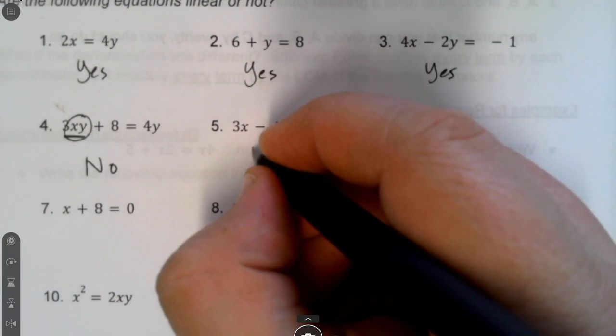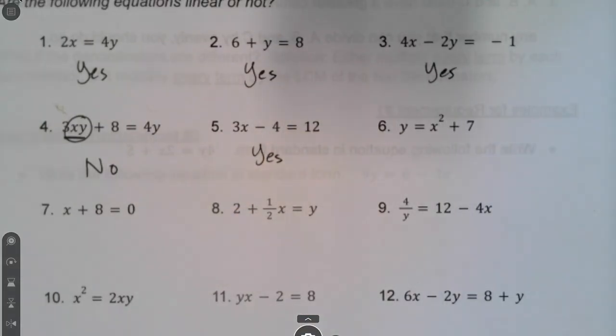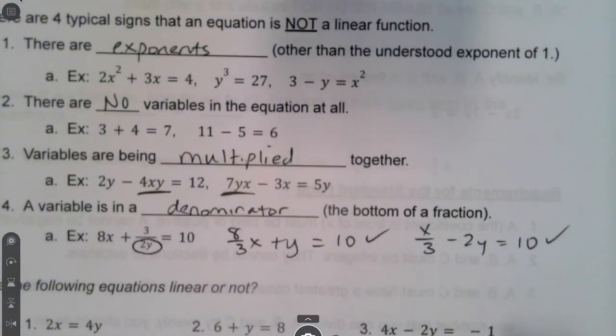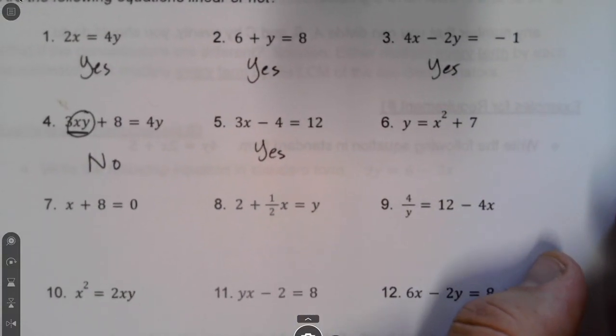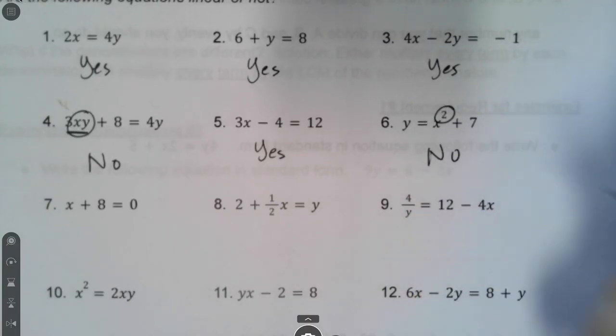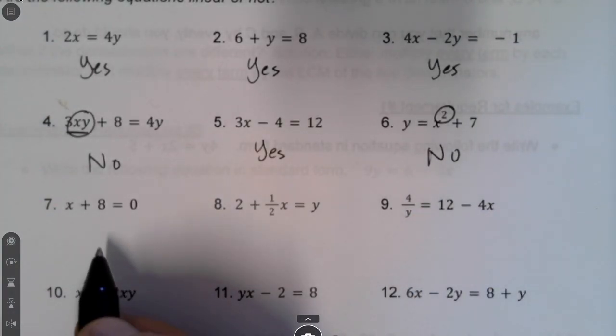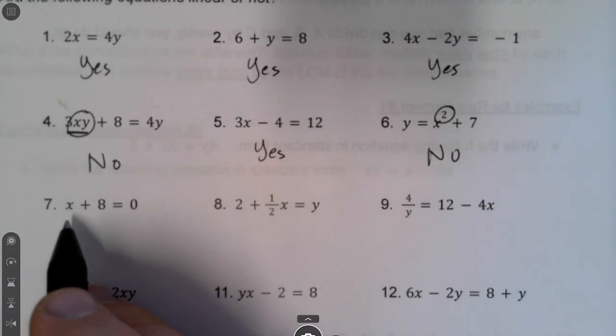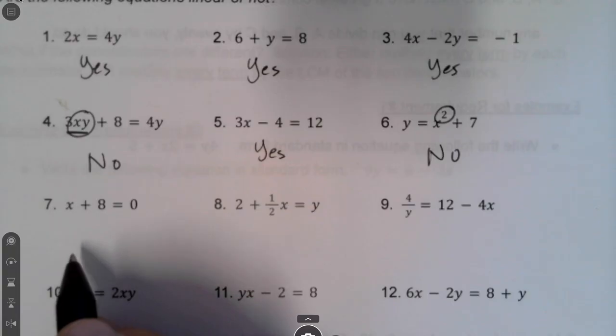Five is yes. None of the 4 issues listed up here shows up in number 5. 6 is not linear because we have no variable. It's not allowed. 7's linear. We do just have an x and not a y, but that's fine. You're allowed to have just one, but you're not allowed to have none.